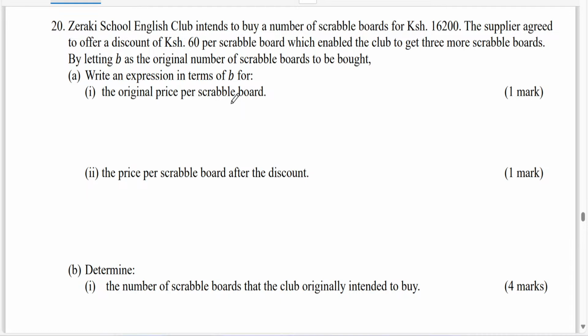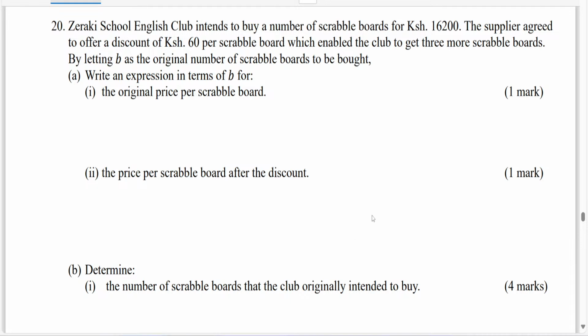Zeraki School English Club intends to buy a number of Scrabble boards for 16,200 shillings. The supplier agreed to offer a discount of 60 shillings per Scrabble board, which enabled the club to get 3 more Scrabble boards by letting B be the original number of Scrabble boards to be bought.